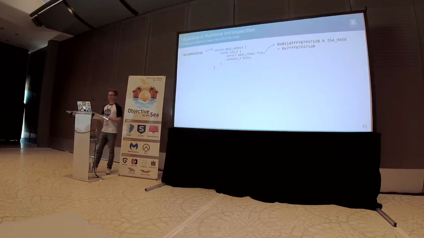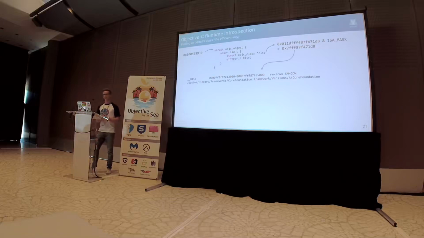And yeah, actually there is a better way. If we go back to this point and look closer at this pointer, look where it points. It actually points to the data segment of the Core Foundation library, which implements the NSCFConstantString class.